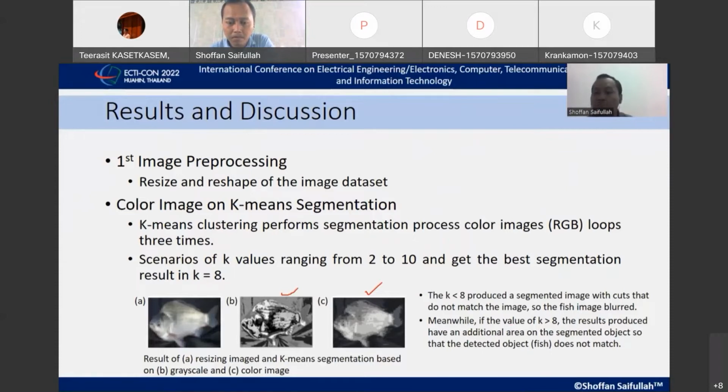Meanwhile, if K is more than 8, the result has additional areas in the segmented object, so the detected object does not match the result.